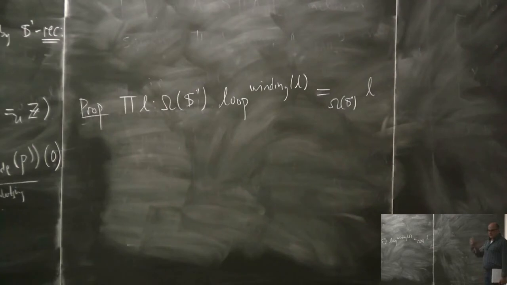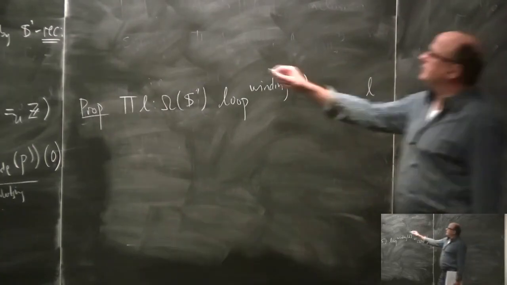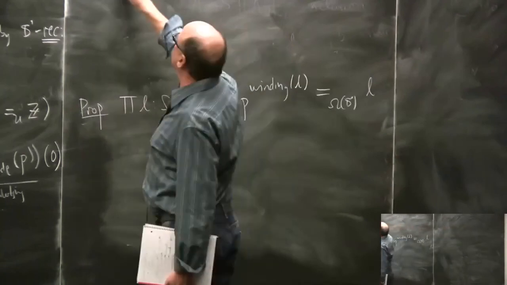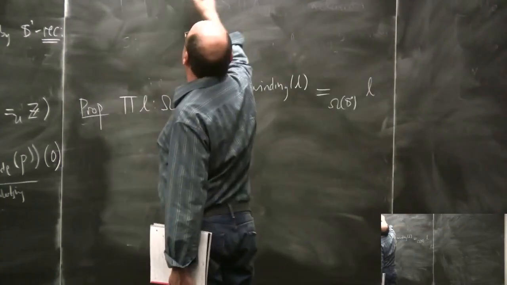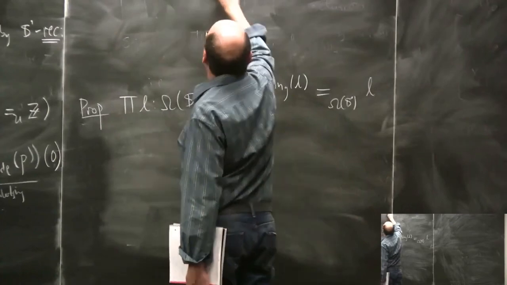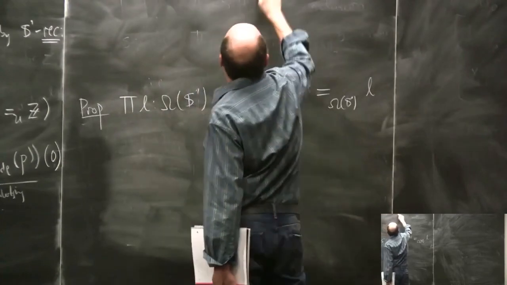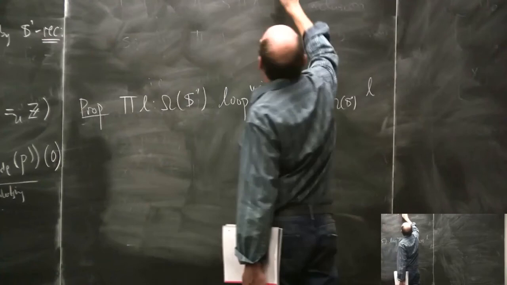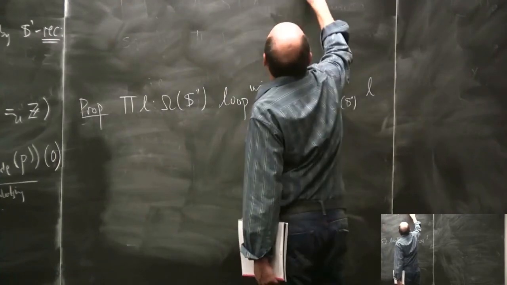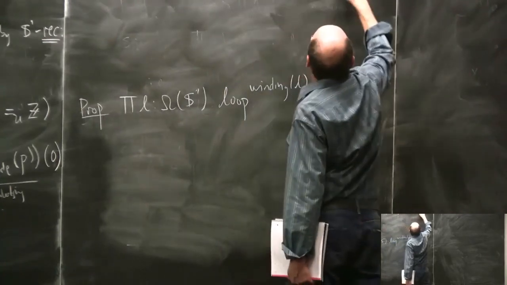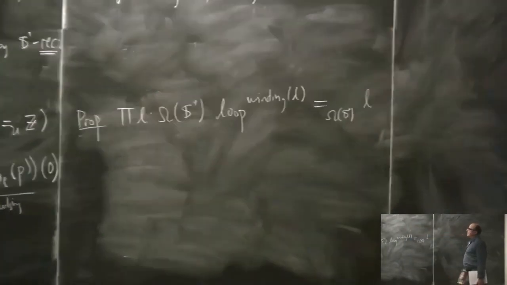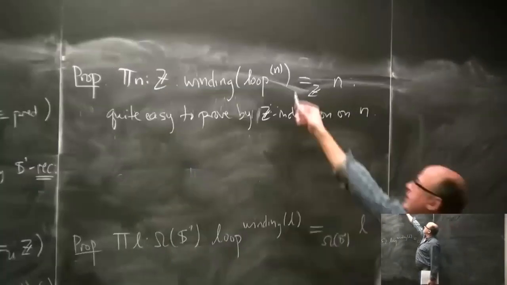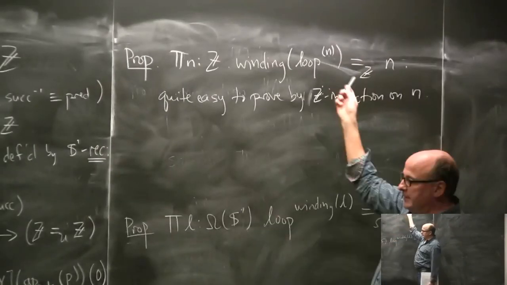So now we're just following our nose. What is the definition of quasi-inverse? This one is quite easy. I won't write the proof here because it's quite easy to prove directly, by induction on n. Well, let me emphasize, Z induction on n. But the idea is, if n were 0, then loop to the 0 is by definition reflexivity.